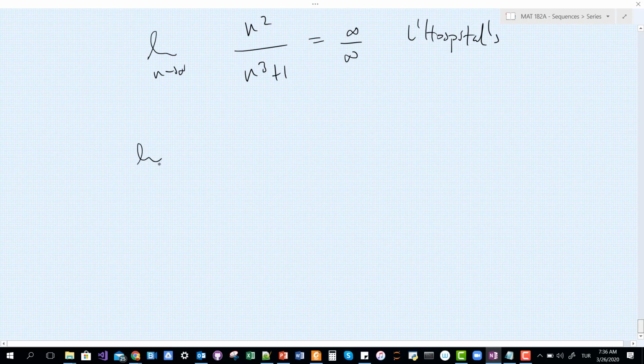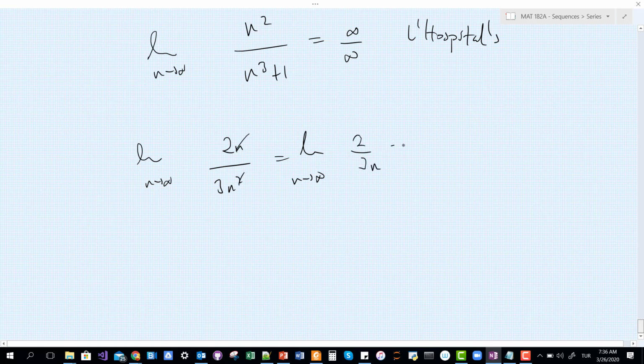If I use L'Hospital, it is going to be equal to 2n over 3n squared. And look at this, n will go away. I will have 2 over 3n, which is equal to 0. The result, again, is going to be inconclusive. So I cannot say anything about the convergence or divergence of the series. So, inconclusive.